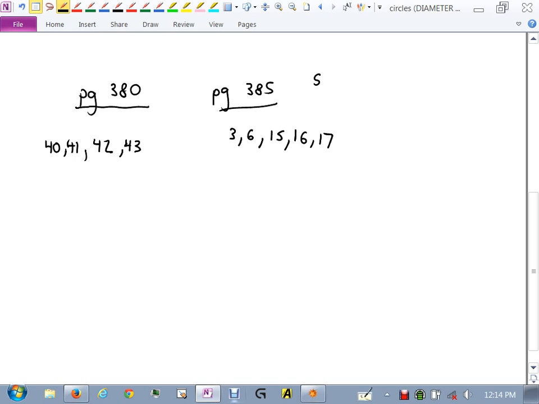So this is all shells over here. Shells, this is perpendicular cross sections. Y'all with me? Understand? Okay, we're going to move on. We still have some time.